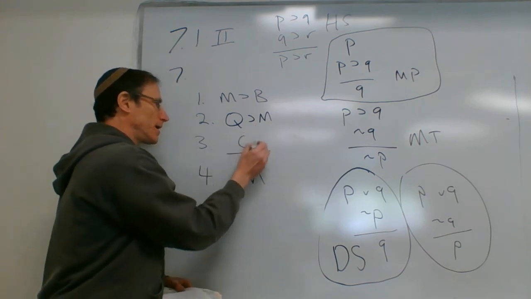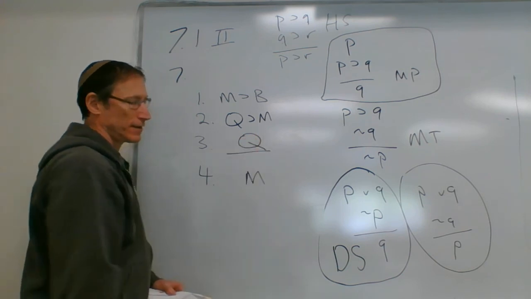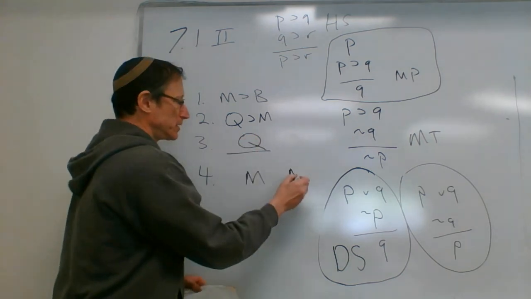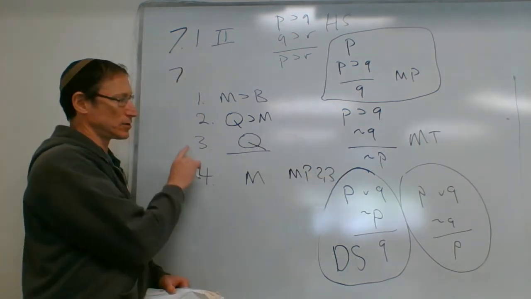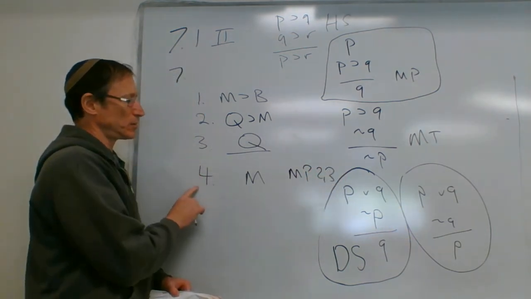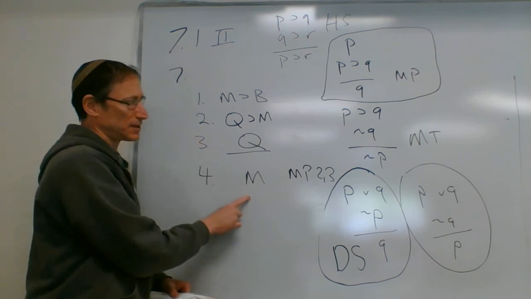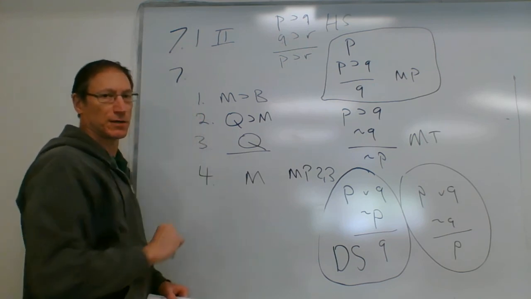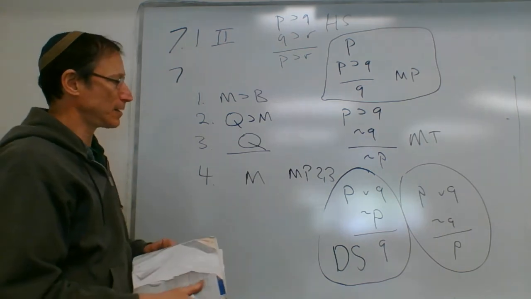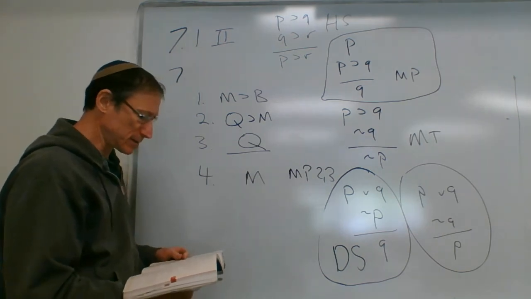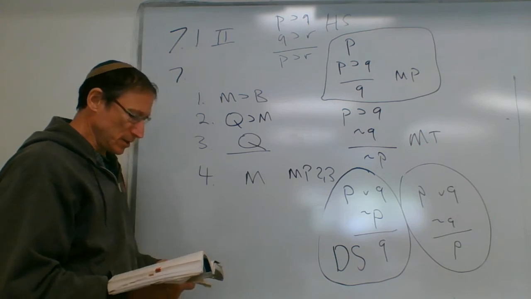Well, if only I had Q, right? Then I can do a modus ponens on 2 and 3, and I would get M. So the answer is Q. Using a modus ponens on 2 and 3, I would be able to get M. It turns out that number 1 was irrelevant or just there as a distraction, not playing any role in getting M, at least not in this case.